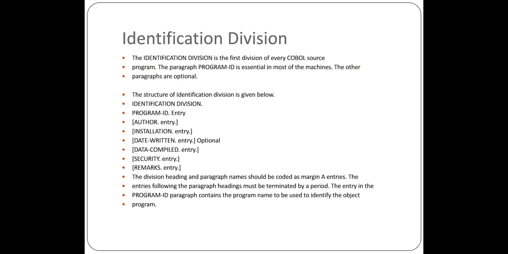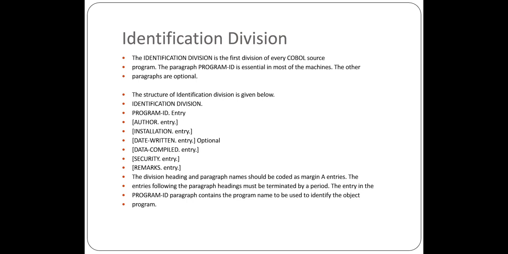First, in detail, the identification division. This is going to be the first division of every COBOL source program, and the important paragraph is PROGRAM-ID, which is essential in every program that you're going to use.